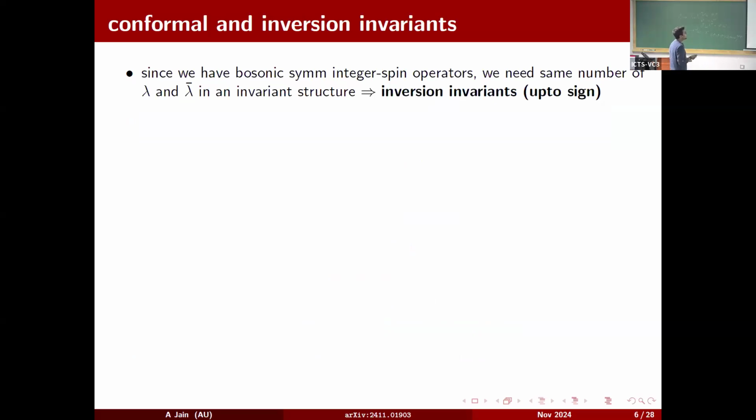Now, for now we're considering bosonic symmetric integer spin operators. If that is the case, when they are contracted with lambdas, for traceless symmetric integer spin operators they would contract with equal numbers of lambdas and lambda bars.